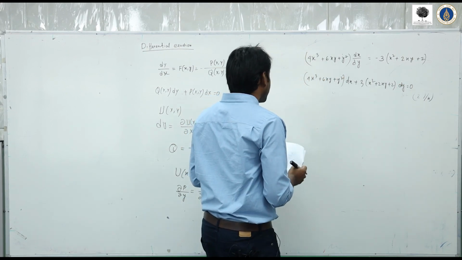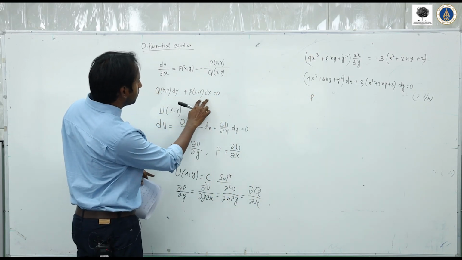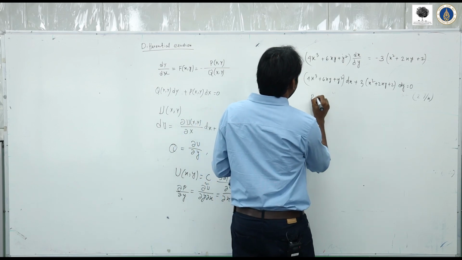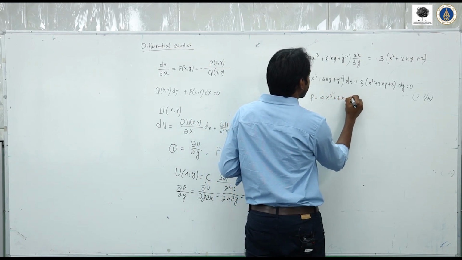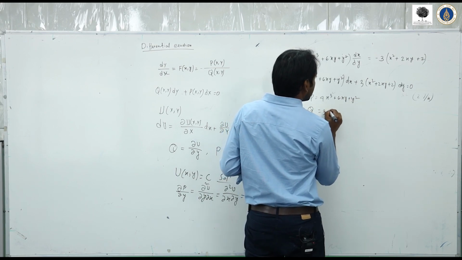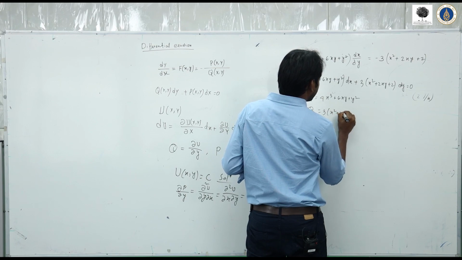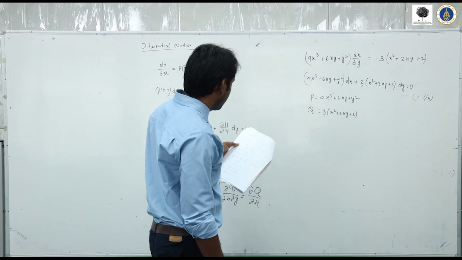So what is your p now? You can see p is with dx. So p is 4x cube plus 6xy plus y square, and q is 3x square plus 2xy plus 2. So you have got p and q.